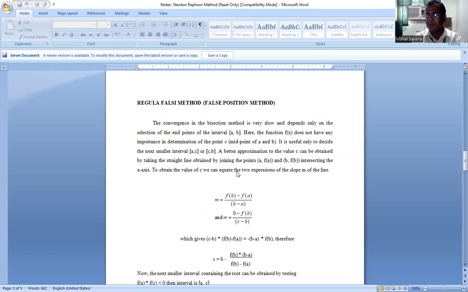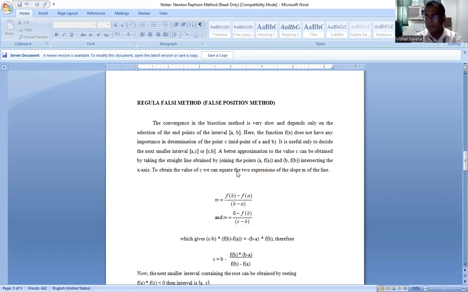In the bisection method, the function f(x) does not have any importance in determining the point c, which is the midpoint of a and b. It is useful only to decide the next smaller interval, a comma c or c comma b, where the root lies.